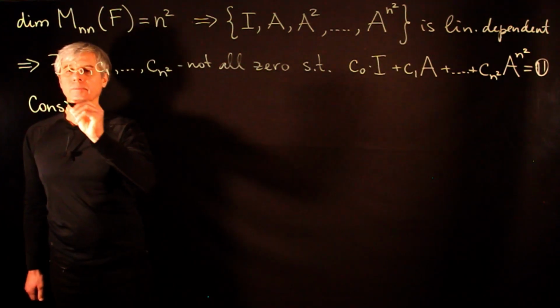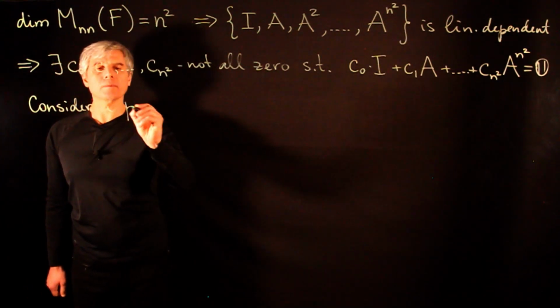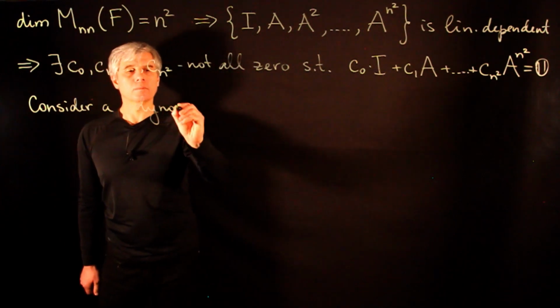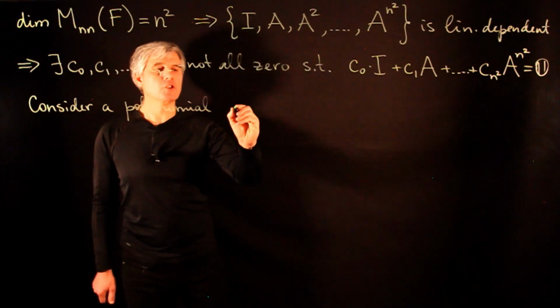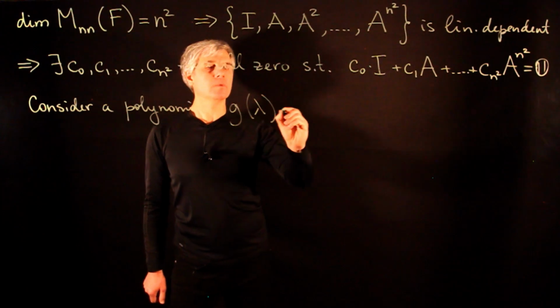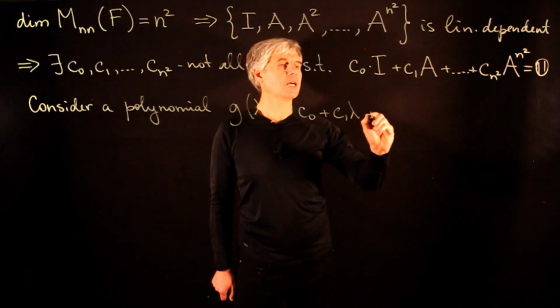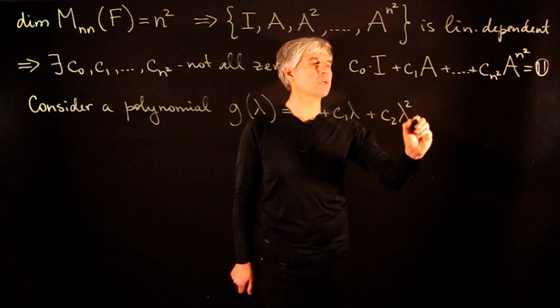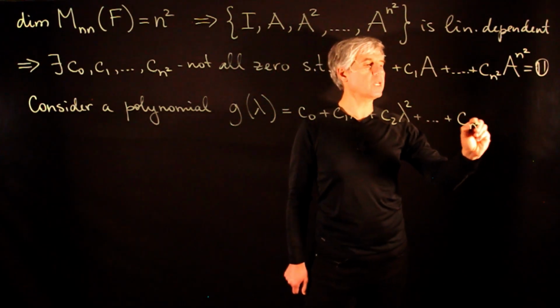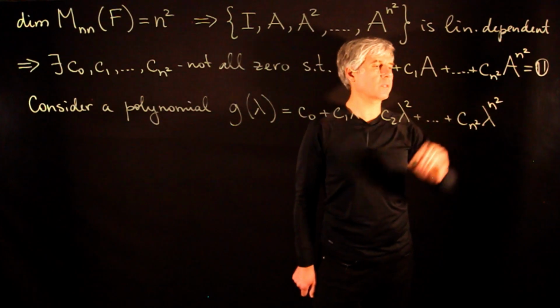Consider a polynomial g of lambda, which is equal to c0 plus c1 lambda plus c2 lambda squared plus ... plus c_{n squared} lambda to the n squared.